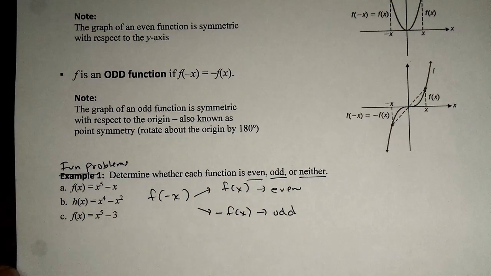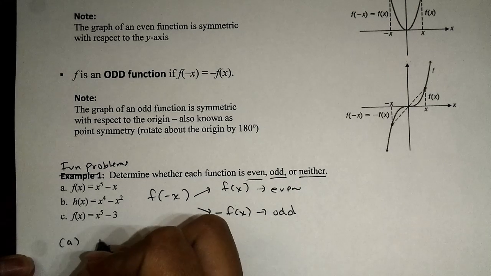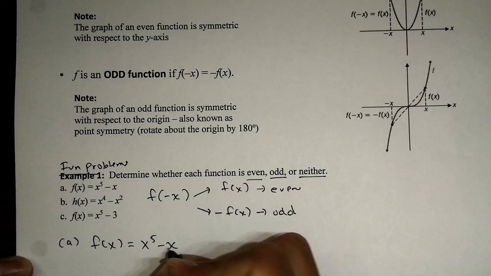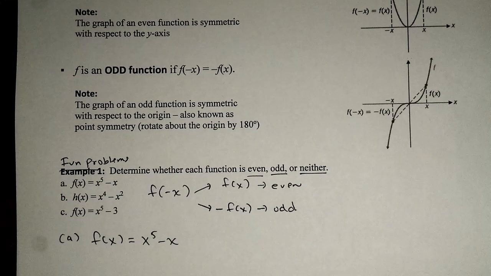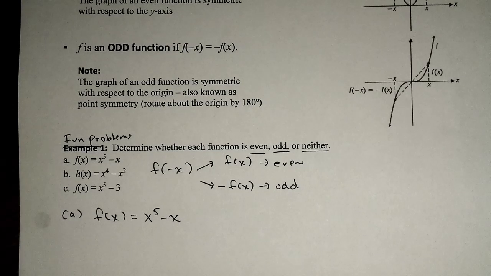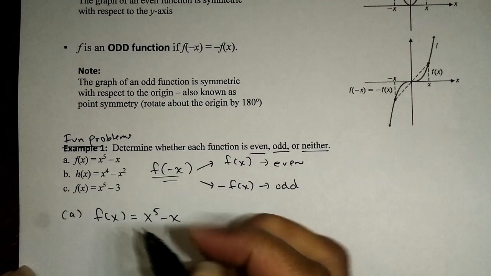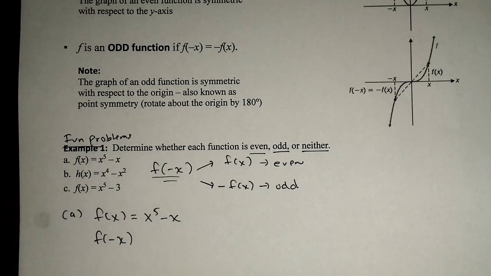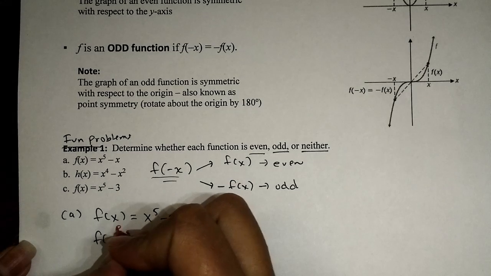Okay, so problem A, we have f of x is equal to x to the 5th minus x, and the question reads, is the function even, odd, or neither? We are always going to start by finding f of negative x. So to find f of negative x, we substitute a negative x for the input, or x.